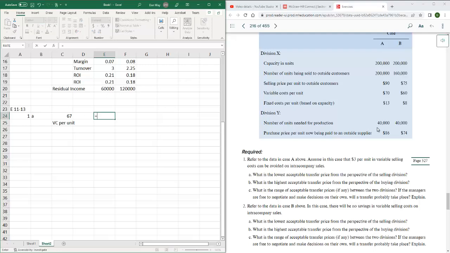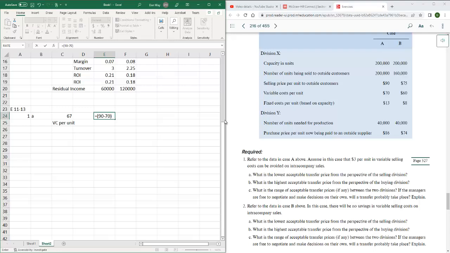So Division Y is going to want to buy 40,000 units from Division X. Division X right now in case A has no excess capacity. So to sell these things to Division Y, they're going to have to give up 40,000 units of sales to outside customers. What this is then is the price to the outside customer, $90, minus the variable cost per unit of $70.